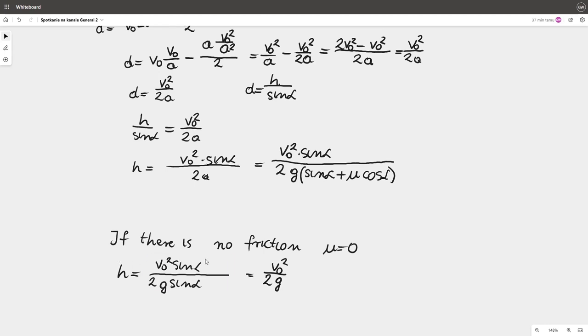If there is no friction, coefficient of friction is equal to 0. So, in this equation, μ is equal 0, 0 multiplied by cosine of alpha is equal to 0, so we have such equation, and we can get rid of sine of alpha from this equation.